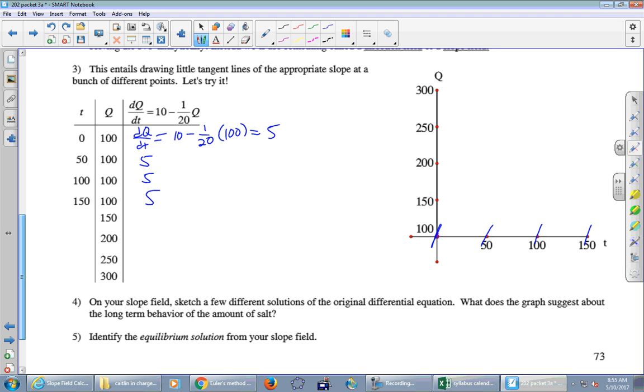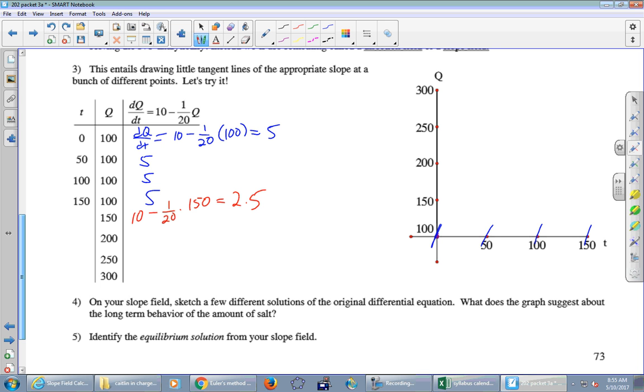All right, let's take a look at the next one. Here, q is 150. I've left the t blank because we've decided it doesn't matter. If you plug in 150 there, 10 minus 1/20th of 150, 2.5, right? So you're going to go to any place where the q is 150 and put a slope of 2.5.